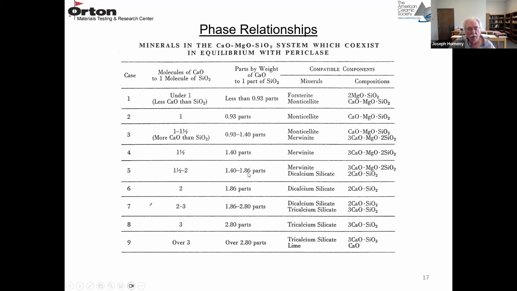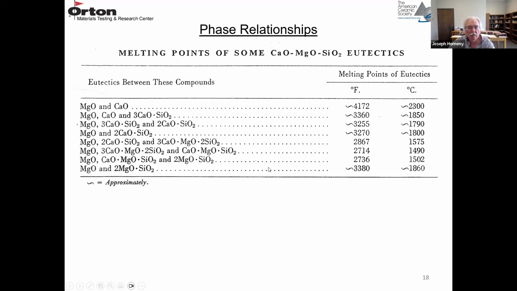But if it's less than 1.86, you see there's merwinite over here, again over here. Here you have merwinite and monticellite, and finally monticellite, and then the forsterite is going to be in conjunction with some monticellite. These are low melting materials. So the important thing is you have a lime silica ratio in your MgO greater than 1.86 to eliminate these low melting phases and low melting eutectics.